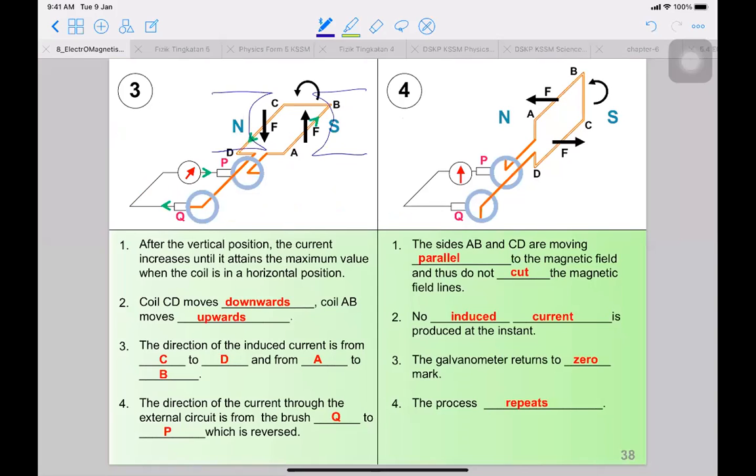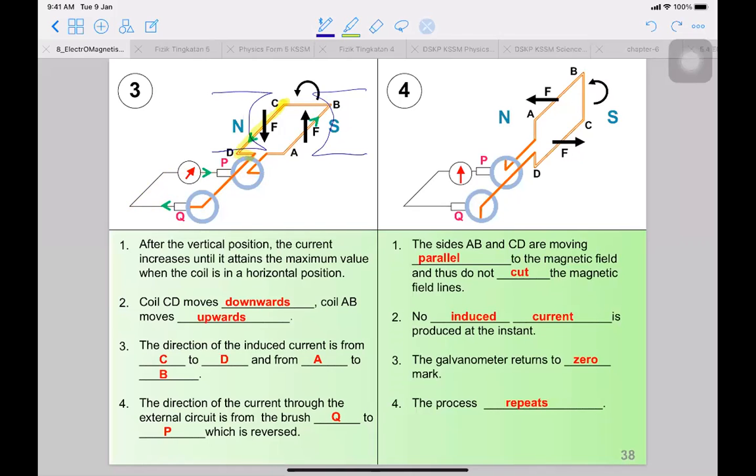And direction of the induced current is from bagaimana? CD. Kemudian BA, AB. Can you see dia punya path flow sana?